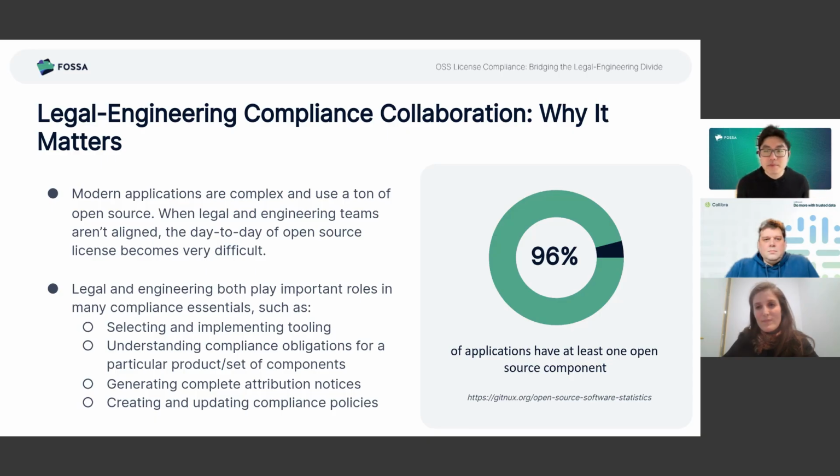Niels, you want to get started? Yeah, so clearly from an engineering side, we use a lot of libraries, many open source, but the knowledge about licensing implications while using those tools, be it libraries or other tools, is not top of mind for many of the engineers.